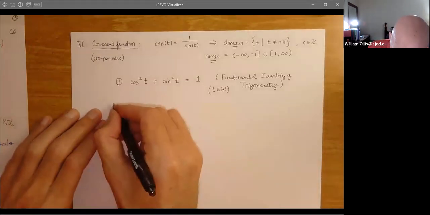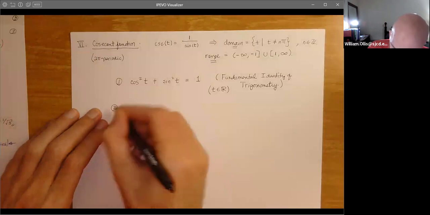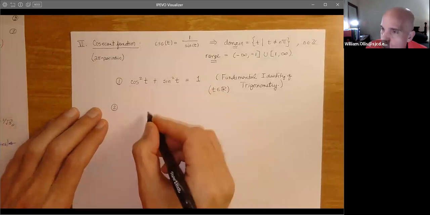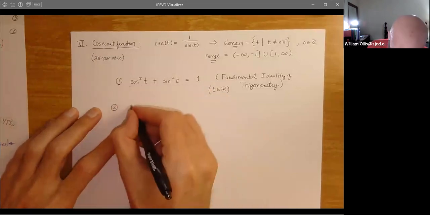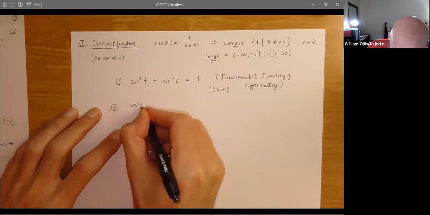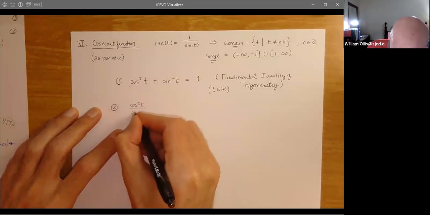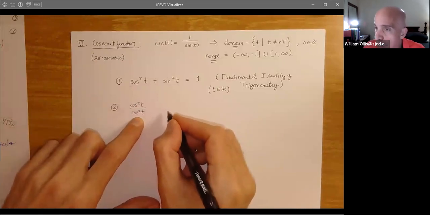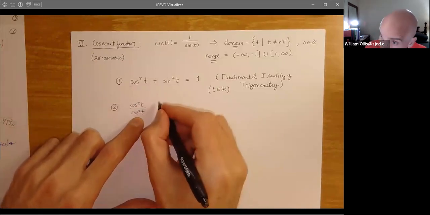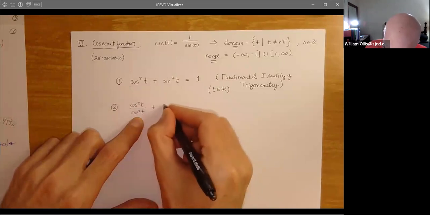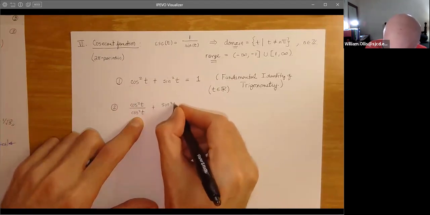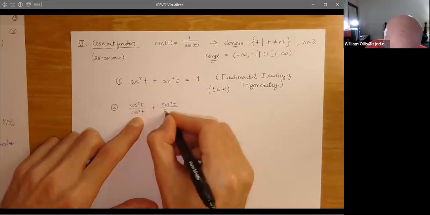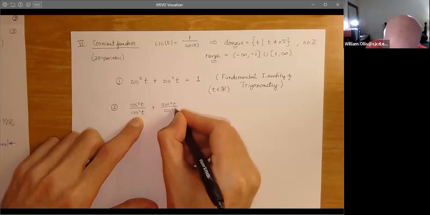The second one looks like this. We take this equation and we divide by cosine squared. So cosine squared t, of course, we don't want t to be an odd multiple of pi over 2, obviously. And then we have sine squared divided by cosine squared, and then 1 divided by cosine squared.